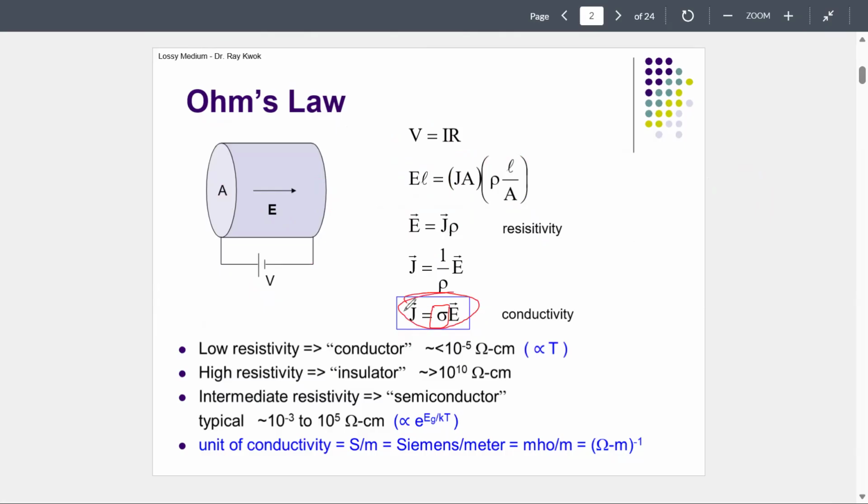Now, what we want to look at is this. What does this equation tell me? It tells me if I have an electric field propagating in the material, I must have a current density, because they come together. The electrons, the charge, will respond to this electric field, right?